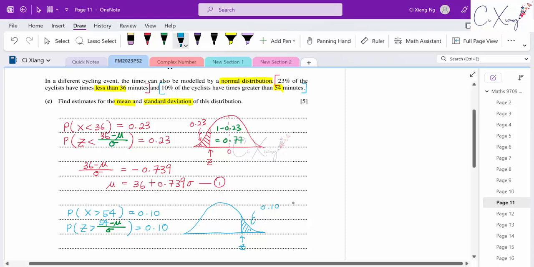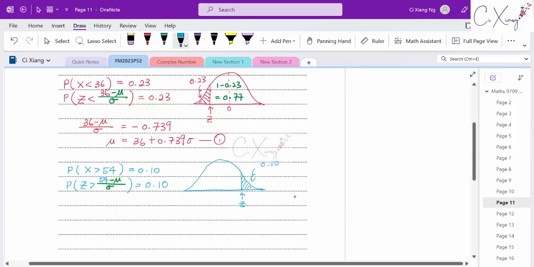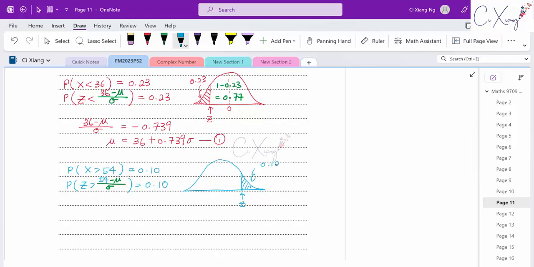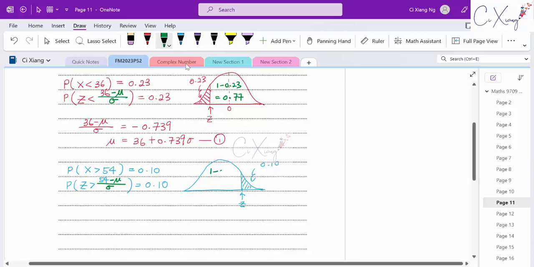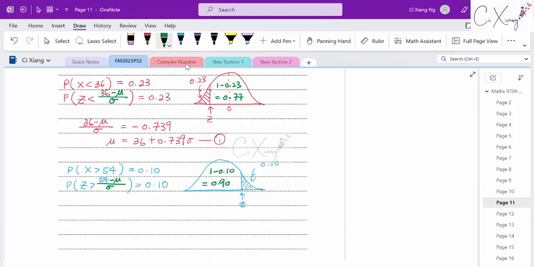To get the value of Z from the normal distribution table, they won't give you the area which is 0.1. They will give you values from 0.5 until 0.99 something. So to find the corresponding area for 0.1, what you need to do is take 1 minus 0.10, then you get 0.90.